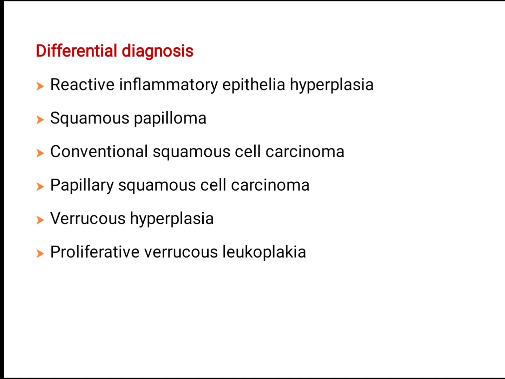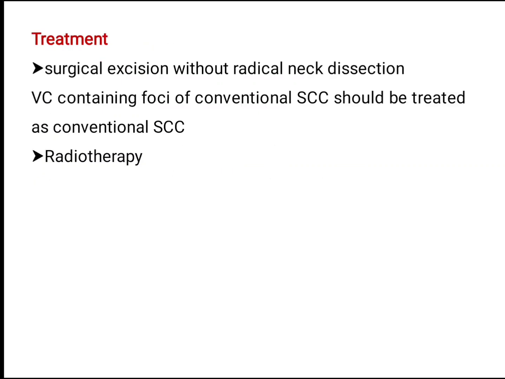So if there is no break in the epithelium, it is verrucous carcinoma. If there is intact basement membrane, it is verrucous carcinoma. But if there is a break in the basement membrane, it is squamous cell carcinoma. It will be known as well differentiated squamous cell carcinoma.